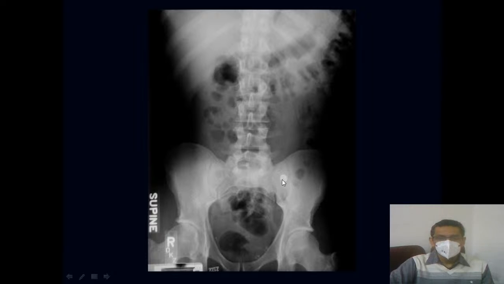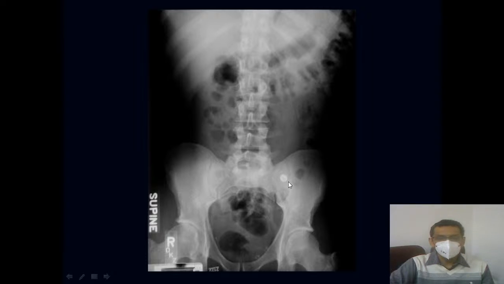What is this? This is another rounded opacity which is slightly denser than the bone opacity. So this is either something within the abdomen, or remember, since X-ray is a two-dimensional projectional image, anything from the anterior-most to the posterior-most part will be coming in between the rays and will be giving opacity.